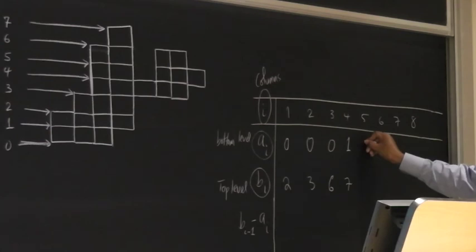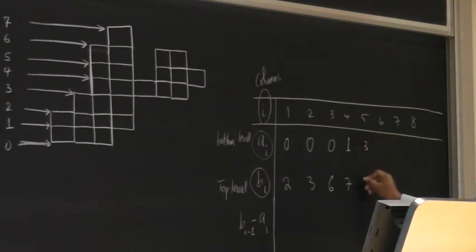Fifth one starts at 3 and ends at 4. Sixth one starts at 3 and ends at 6. The next one, 3 and 6. The last one, 4 and 5. So the last one is going to determine the number of children of the root in your ordered tree.